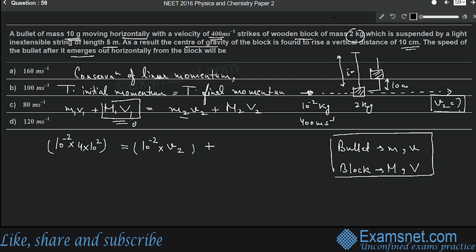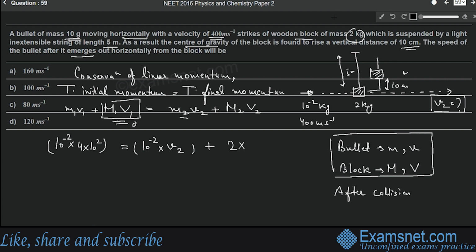The mass of the block is 2 kg, and what is the final velocity of the block? Initially the block was at rest, but just after the collision, the block will have some velocity. So it will have kinetic energy but no potential energy.